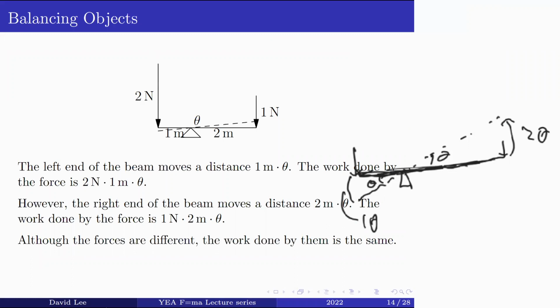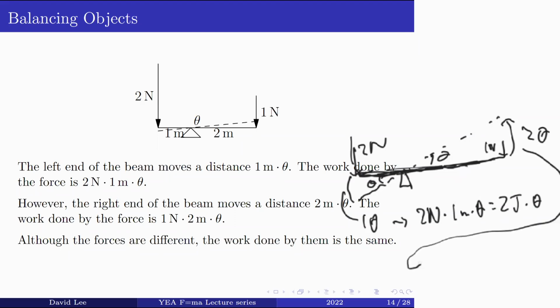Well, in my example, we also had a force of 2 newtons here and 1 newton here. This force does 2 newtons times 1 meter times theta, or 2 joules times theta amount of work. And this force also does 1 newton times 2 meters times theta, also 2 joules times theta amount of work.